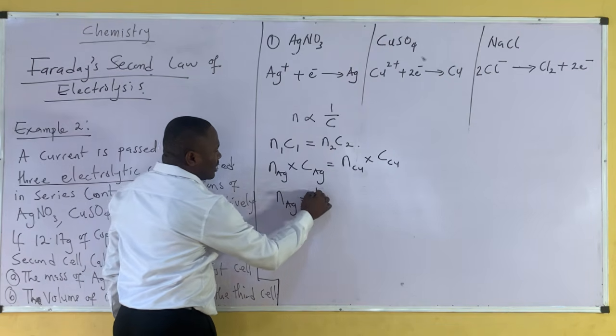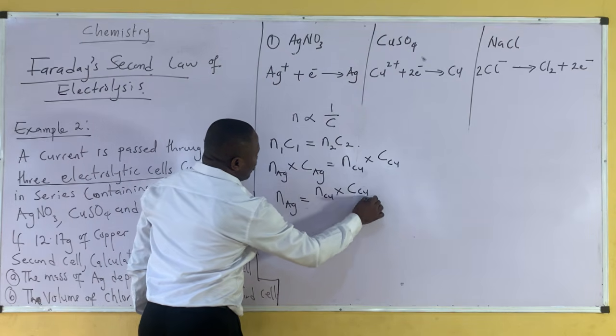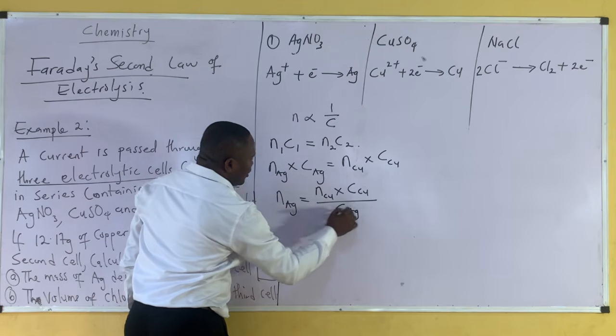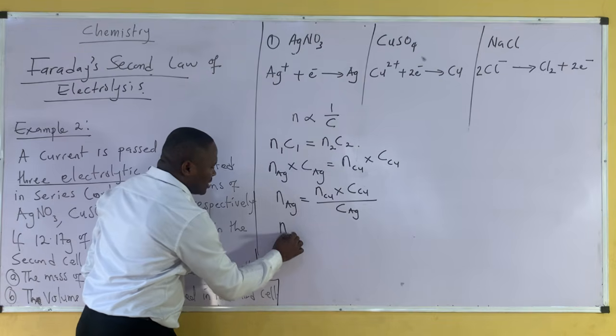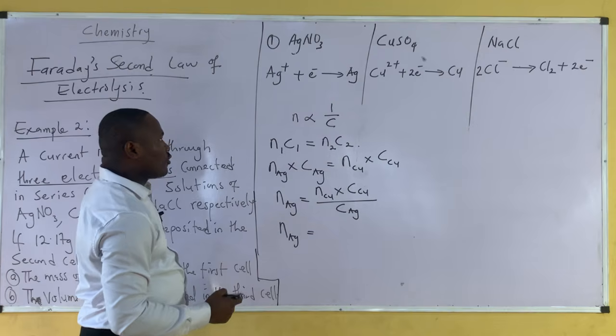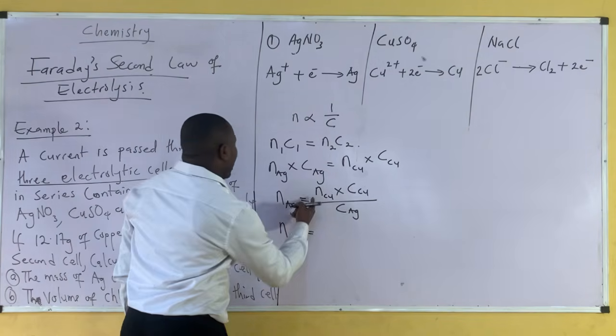The mole of silver will be the mole of copper times the charge of copper over the charge of silver. So what is the mole of copper? The mole of copper is mass over molar mass. Do I have the mass?